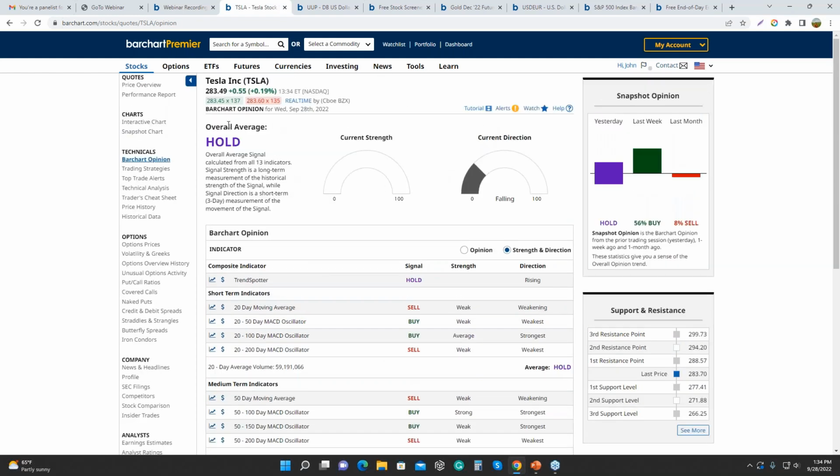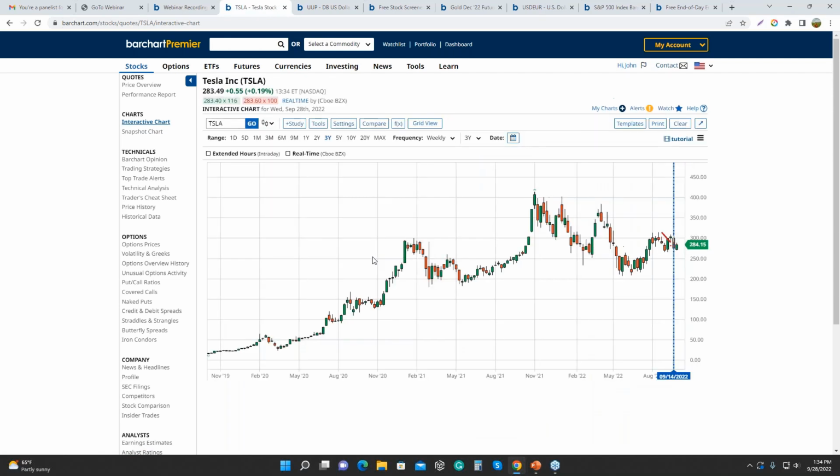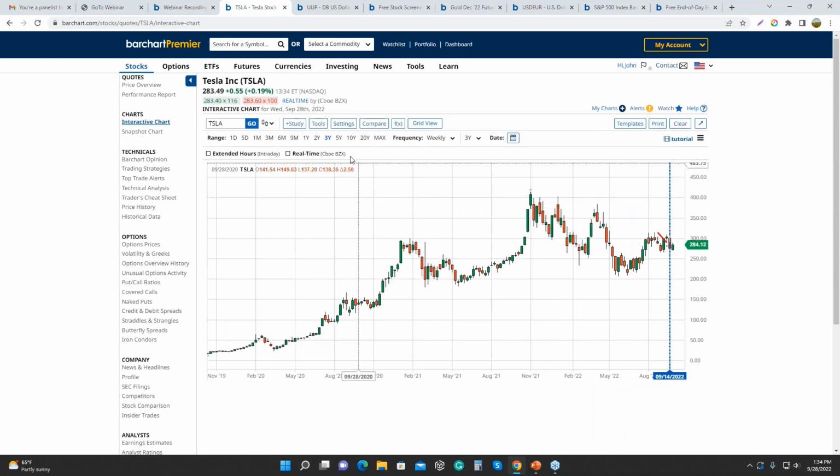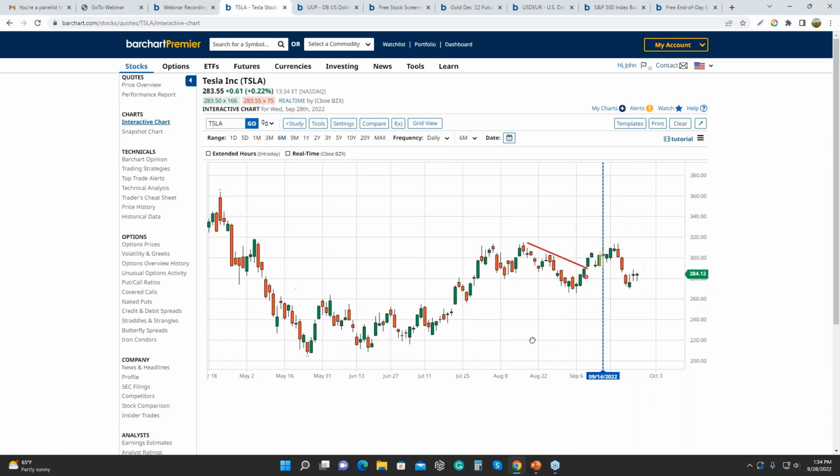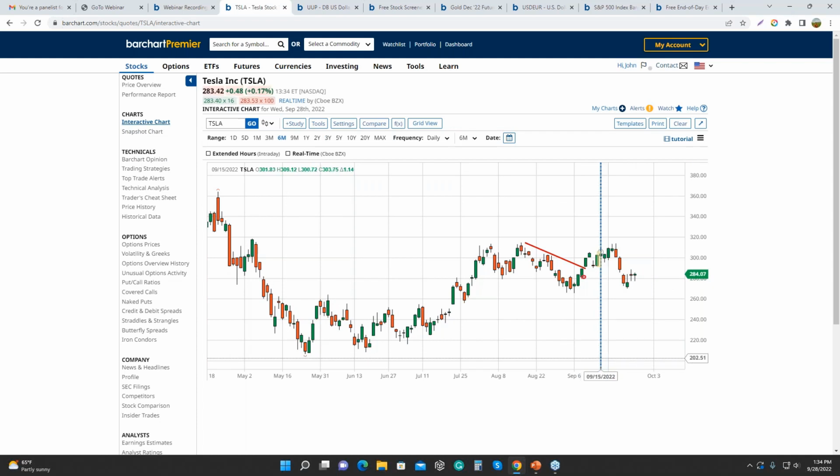But I will show you a chart just to reinforce what I'm talking about here, right? If we look at Tesla, this is a weekly chart. We're just stuck in this range. If I look at a daily chart, again, we're just stuck in the middle of this range.